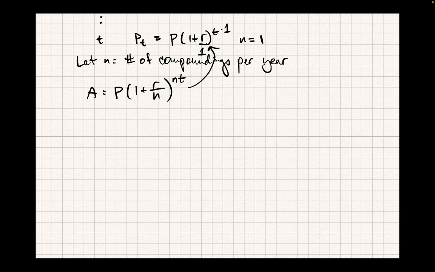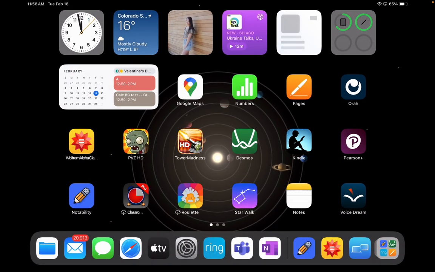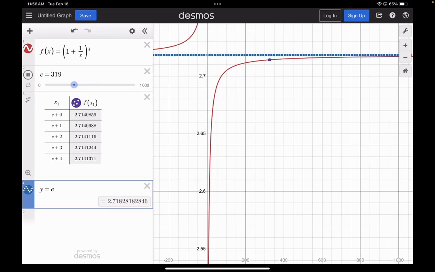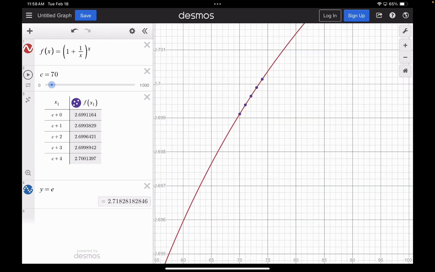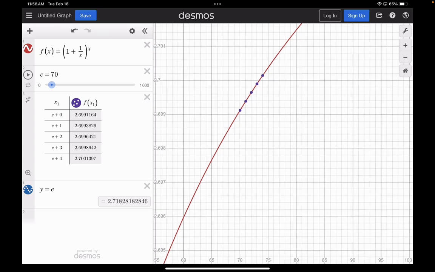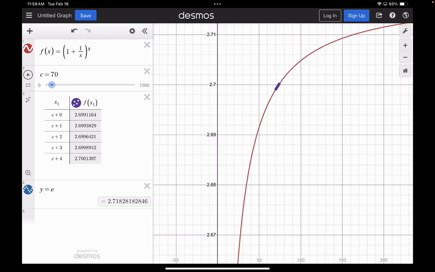So this is our train here, going from... Wait, why are there multiple cars on my train? Yeah, because I put in 5 points here. Oh, okay. Yeah, so this is C plus 1, C plus 2, C plus 3. So this is number of compoundings per year.